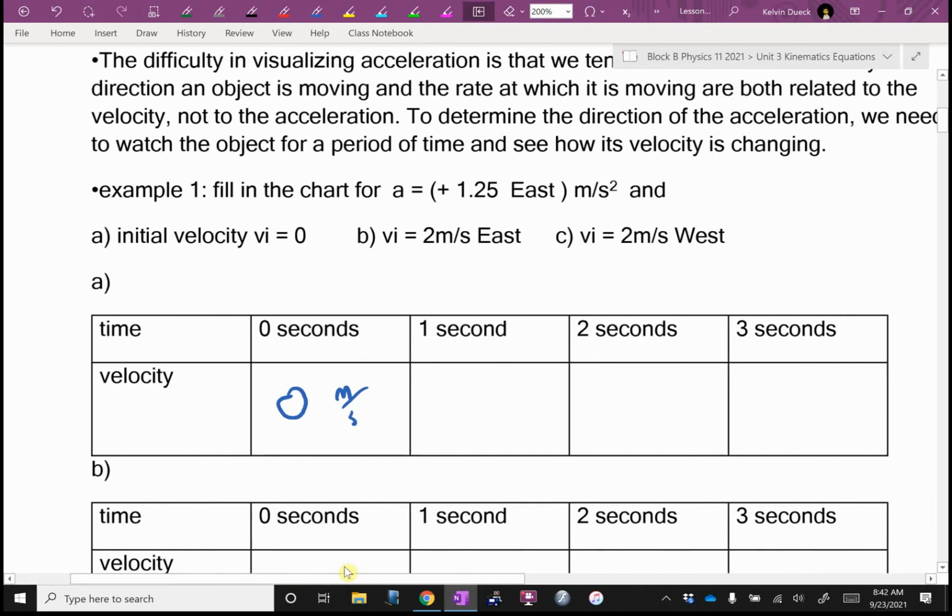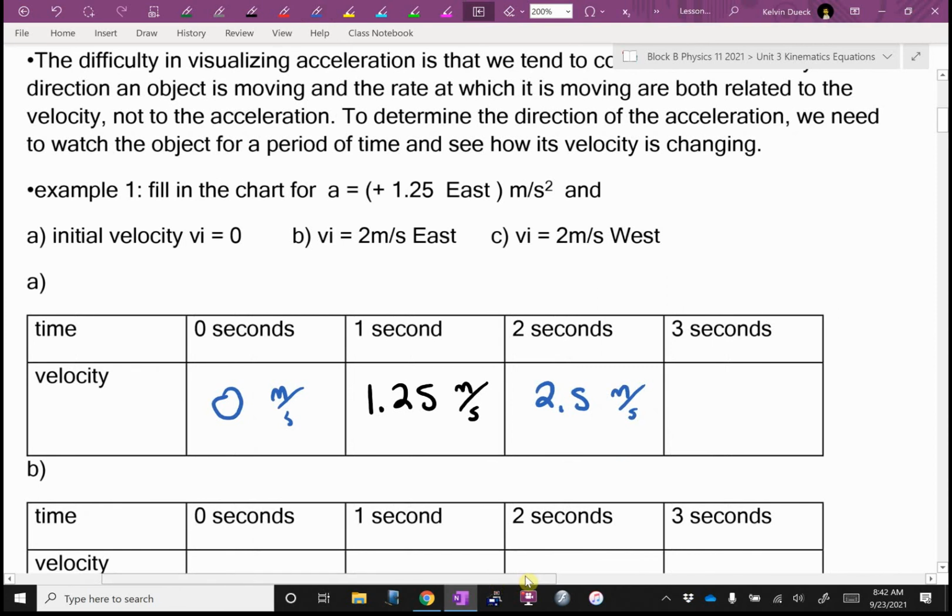So here's what that means. Every second, your speed is changing by 1.25 meters per second squared in the positive direction. So after 1 second, now I'm going 1.25 meters per second. Anybody want to guess how fast I'm going after 2 seconds? What about after 3 seconds?